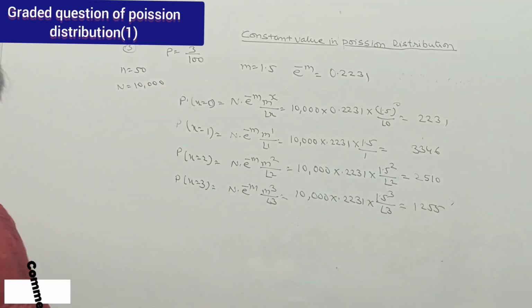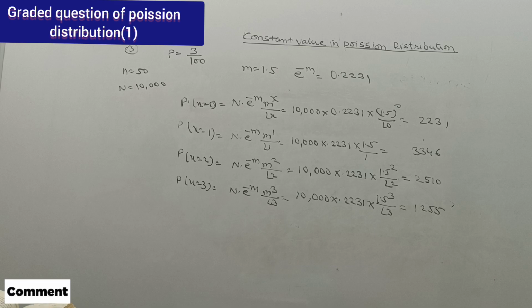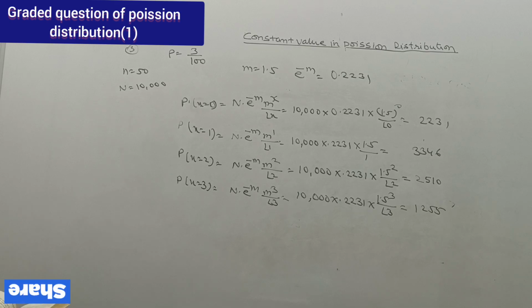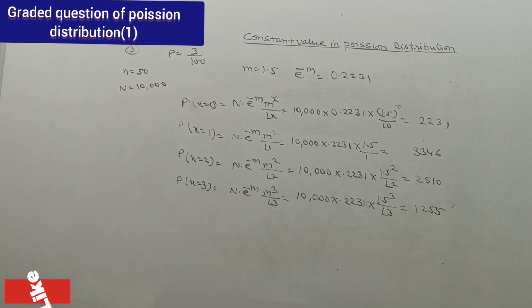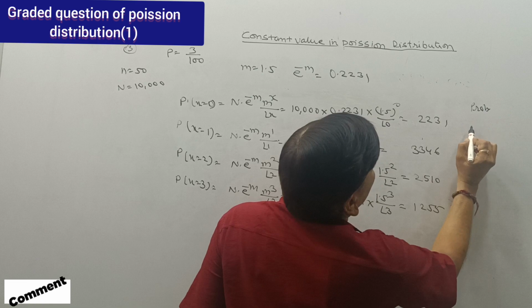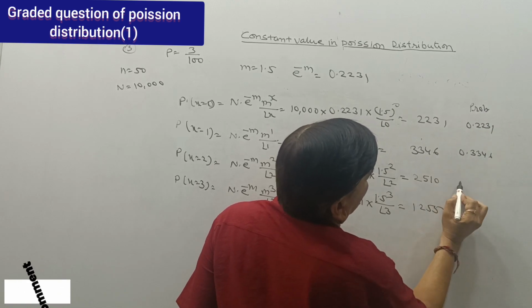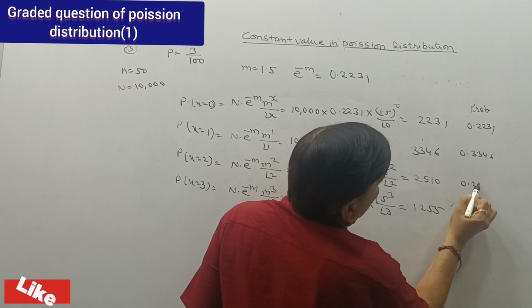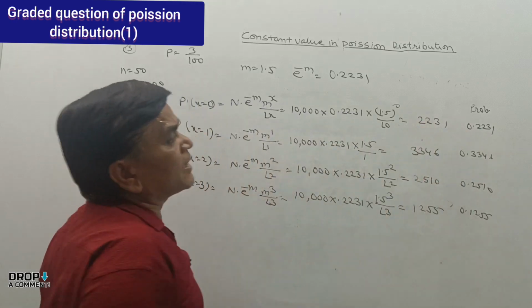In this manner we can calculate the various values. The first one is 2231, the second is 3346, the third is 2510, and the last is 1255. So we have the expected frequencies. If we want the probabilities, they are 0.2231, 0.3346, 0.2510 and 0.1255. Probability multiplied by 10,000 gives these values.